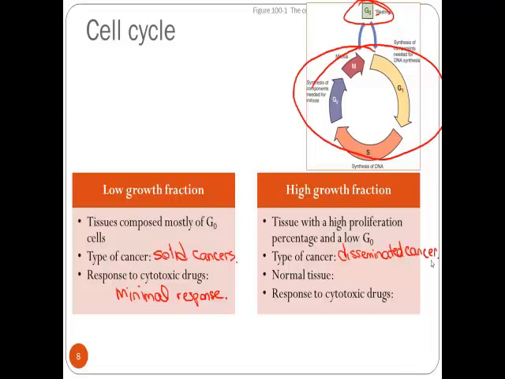Also, normal tissues with a high growth fraction are fast growing cells, like your hair, the lining of your digestive tract, your GI tract, the mucous membranes, and all that kind of stuff. In terms of the response to cytotoxic drugs, they get a very good response. Okay, so it's these cancers that respond really well to cancer chemotherapy.